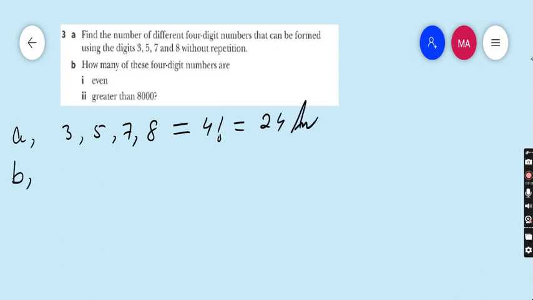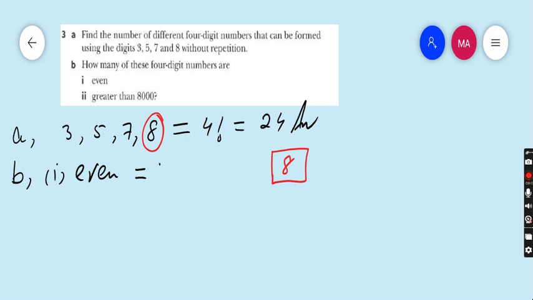Part B is more interesting. How many of these 4-digit numbers are even? How to make an even number from these 4 digits? How many even numbers in these 4 numbers? Only one, that is 8. So we will fix 8 in the last position.